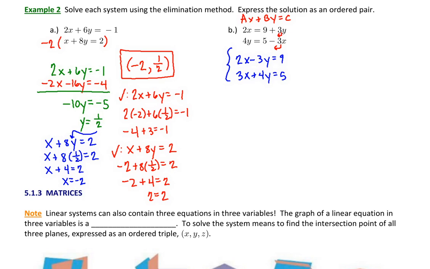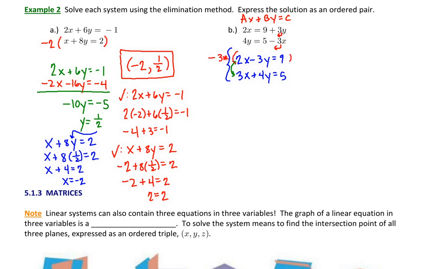So my goal is to obtain opposite coefficients for x. The coefficient of x in equation 1 is 2, and the coefficient of x in equation 2 is equal to 3. So what I'm going to do is basically switch these two coefficients as multiples and change the sign of one of them. So I'm going to multiply equation 1 all the way through by negative 3.